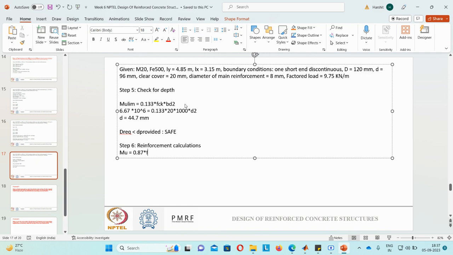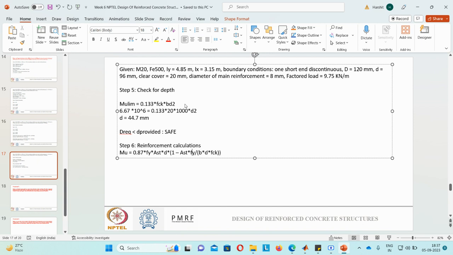So 0.87 Fy Ast d, into 1 minus Ast Fy upon b d fck. This we saw when we were designing beams.